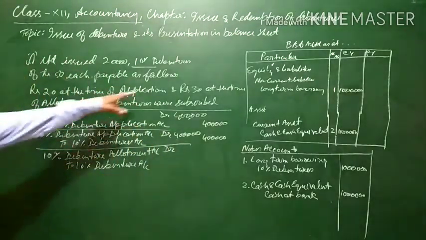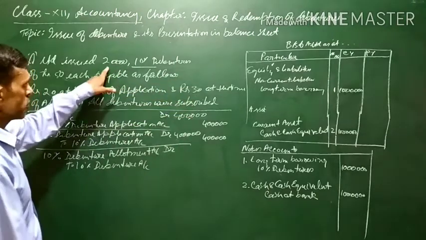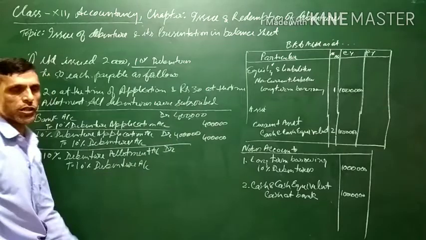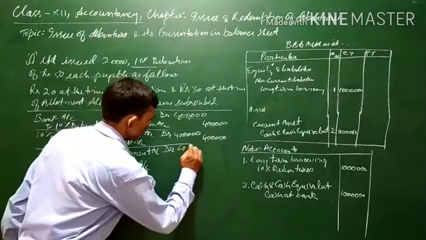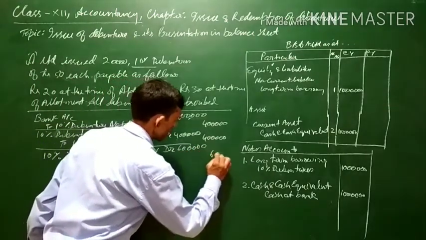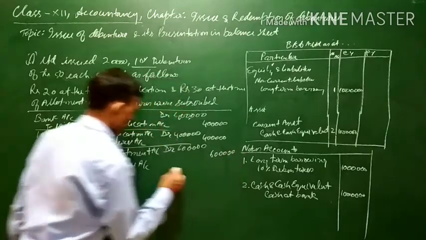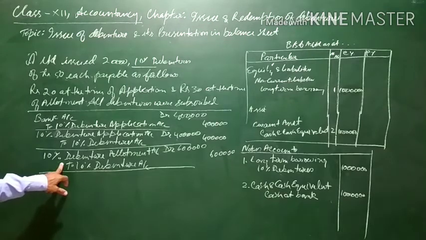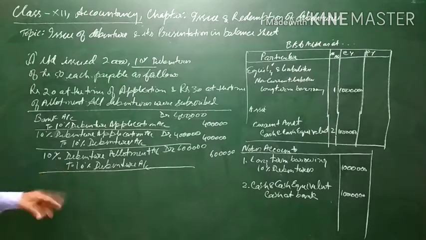The allotment money is rupees 30, and at the rate of rupees 30 each on 20,000 debentures, it will come to 6 lakh. This will be the allotment money. Now the narration for this will be: being debenture allotment money due.